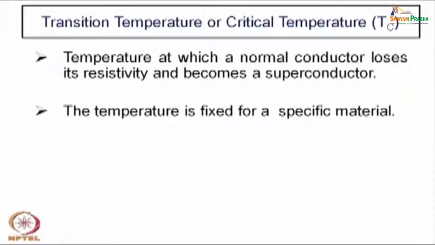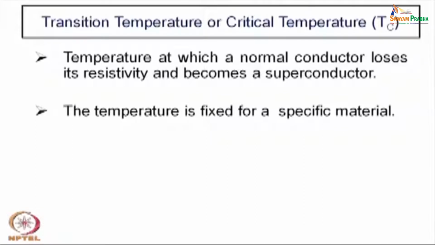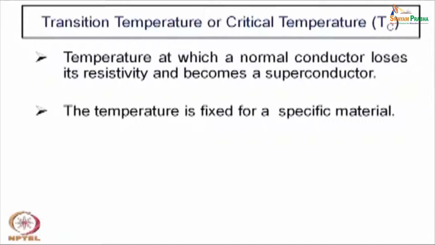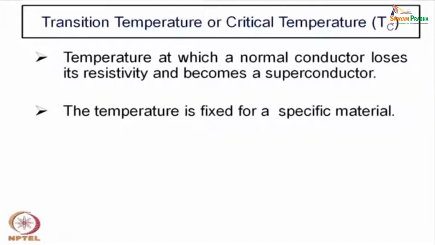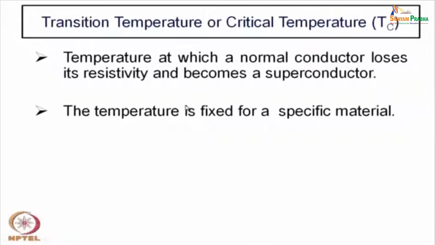The temperature is fixed for a specific material. It does not depend on the way it is cooled or the rate of cooling or rate of heating, it really does not change. So, it is very specific and a characteristic of a particular material. Of course, for different materials the temperatures are different, as you will see later.